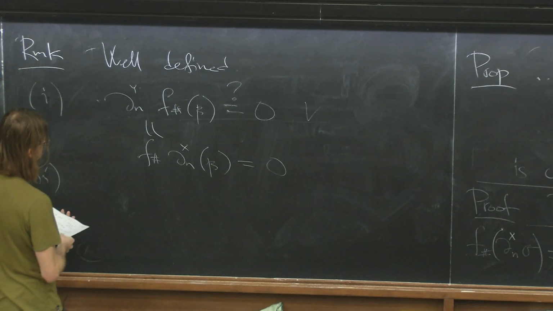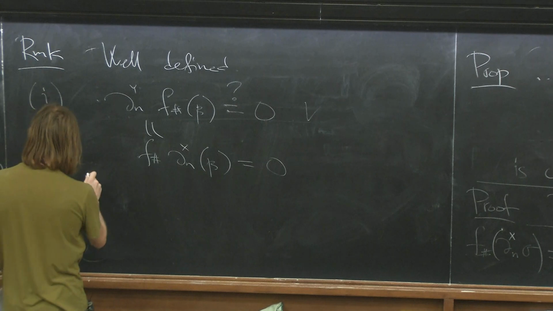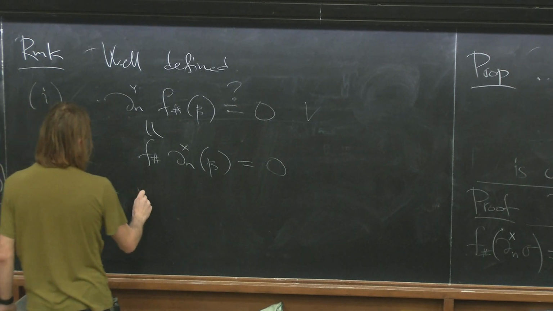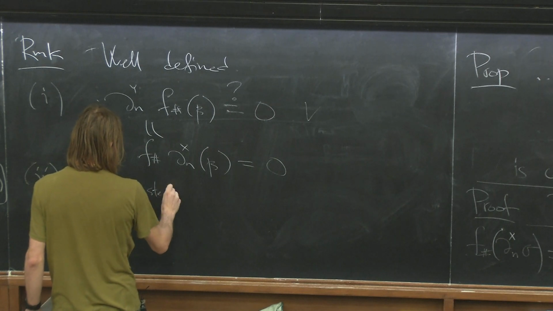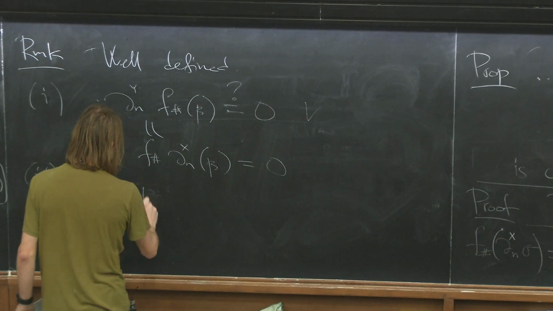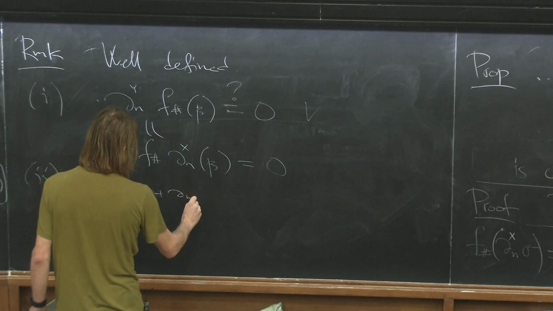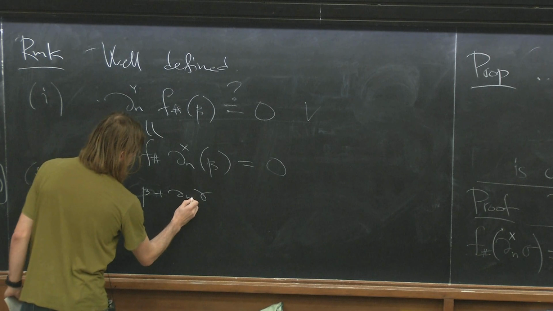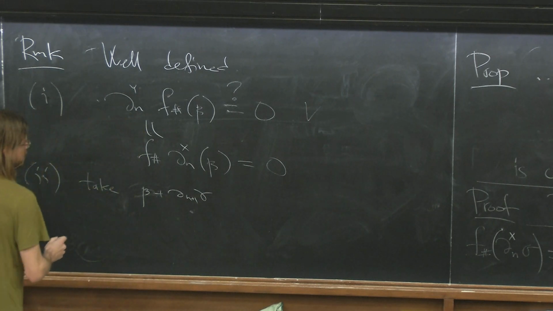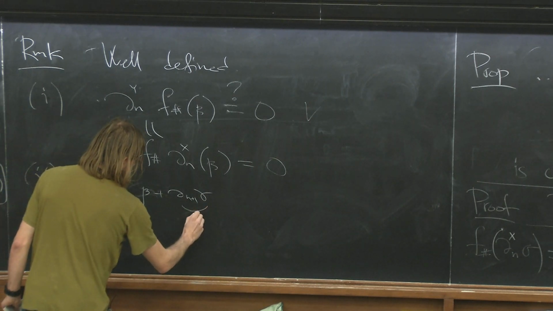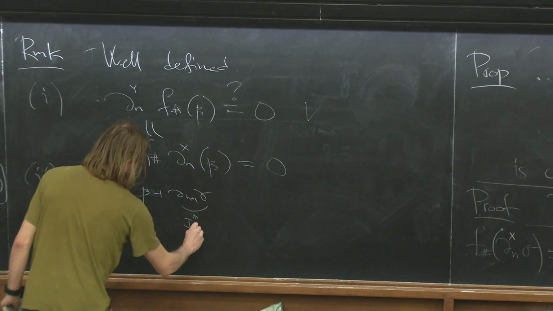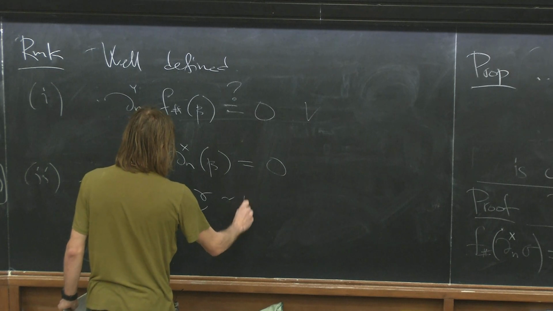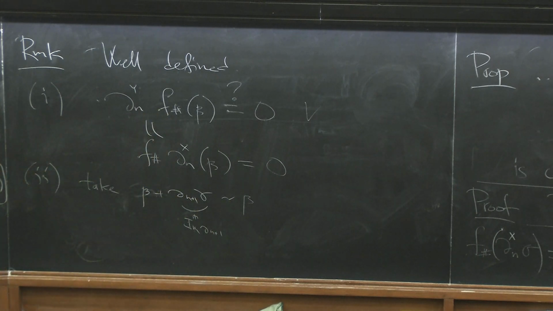And now we need to check that it's independent of the choice of representative. Take instead beta plus Dn plus 1 of gamma, so this will be an arbitrary element in the image of Dn plus 1, instead of beta.